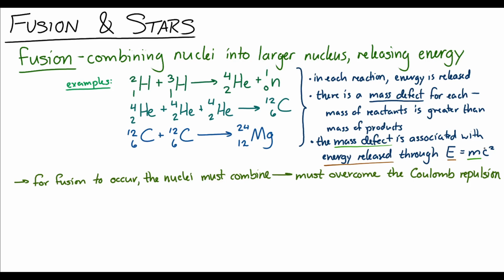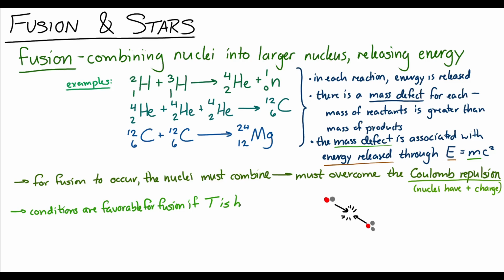They have to overcome the electric repulsion because all nuclei are positively charged, so we have to bring together 2 positively charged objects. That's not easy to do, but the conditions are favorable for fusion to happen if we have a high temperature. Because if we have a high temperature, then the nuclei may have enough kinetic energy to approach each other and undergo a fusion process.